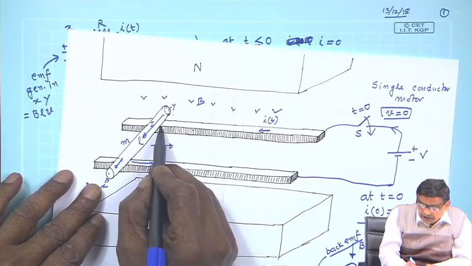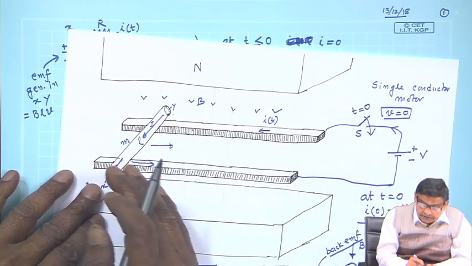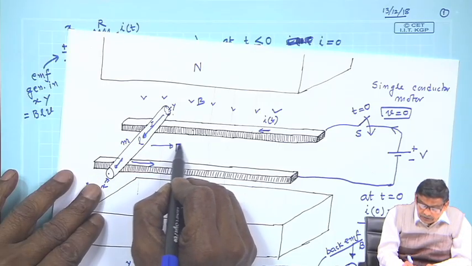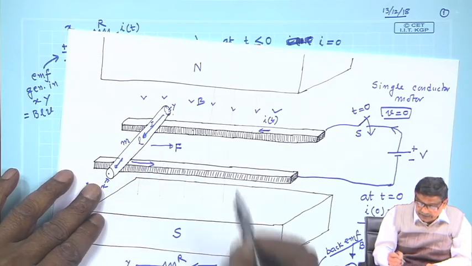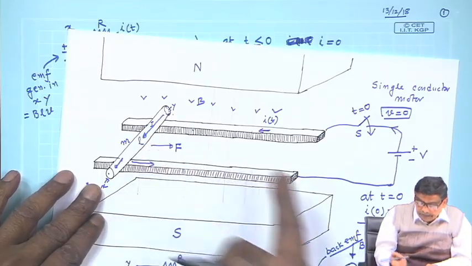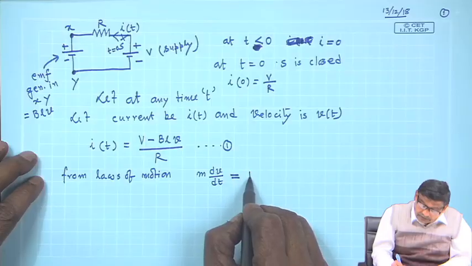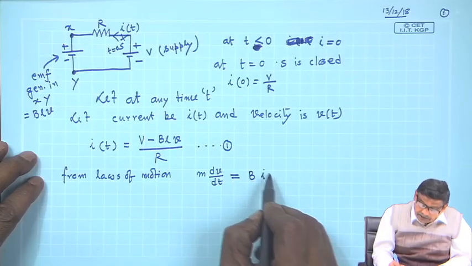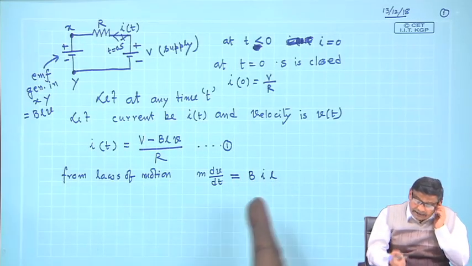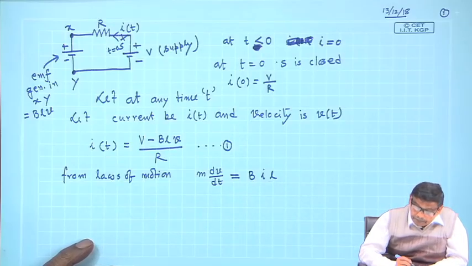I have assumed friction is absent, no air friction, so the only force acting is this dynamic force, B i L. So, m dv/dt is equal to B into i into L, where i is whatever the current is at that time and L is the length of the conductor.